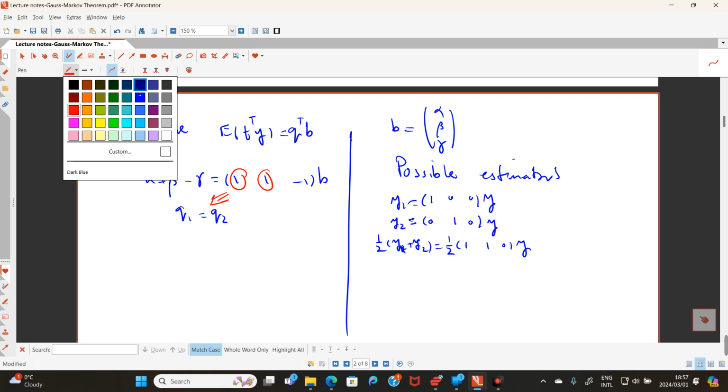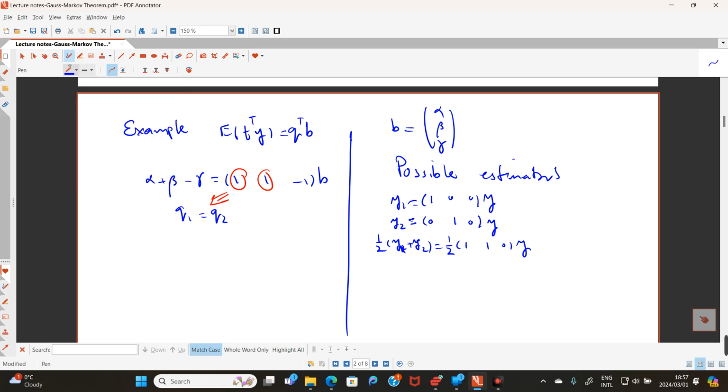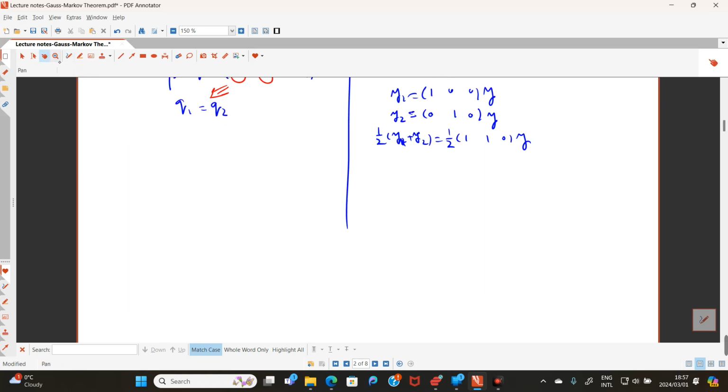Let's consider another one, for instance, alpha plus beta plus gamma. In this case, once again, this one is 1, this one is 1, so q1 is equal to q2. It is not important what the third element is.